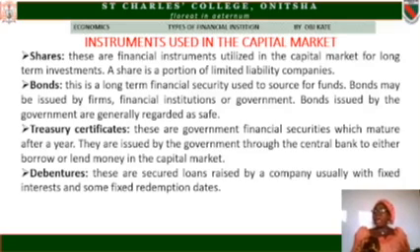Then we have debentures. These are secured loans raised by a company, usually with fixed interest for some fixed redemption rates. So debentures are used by companies to borrow money from members of the public.